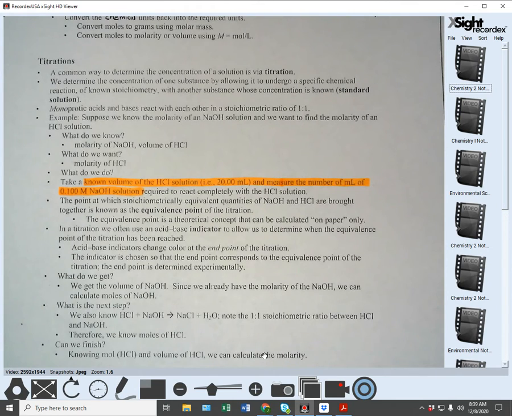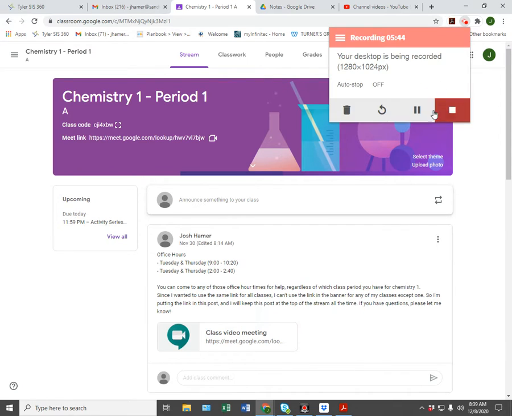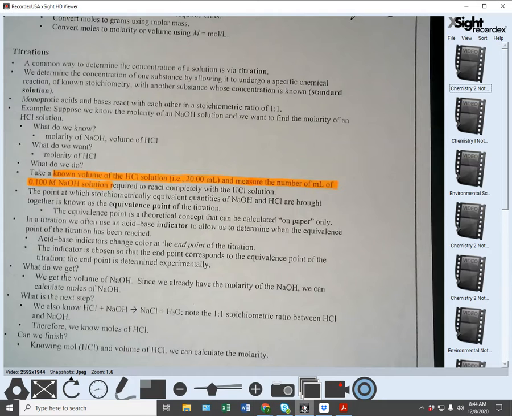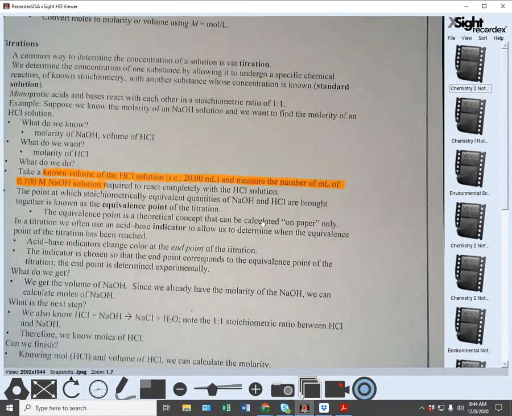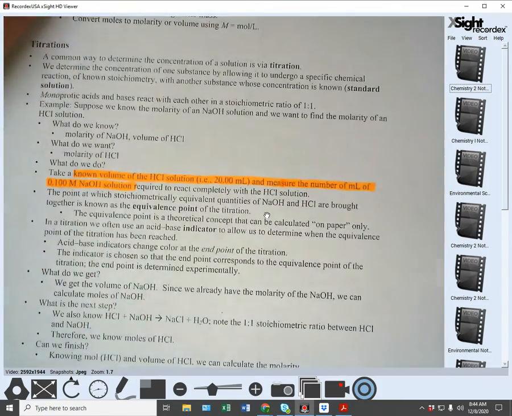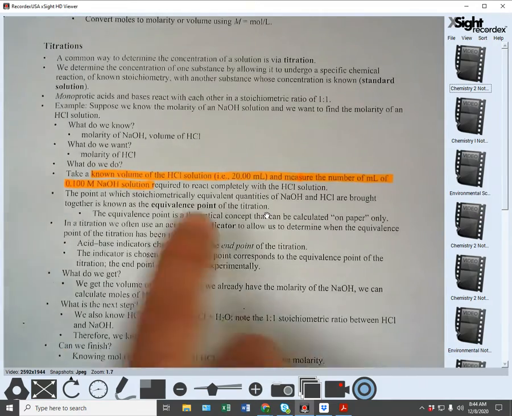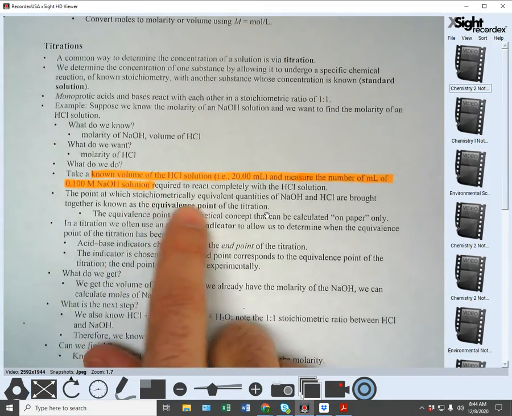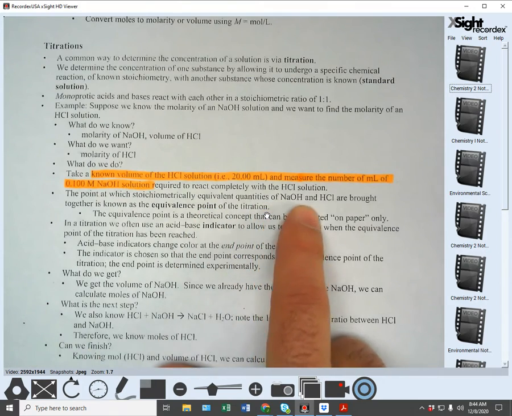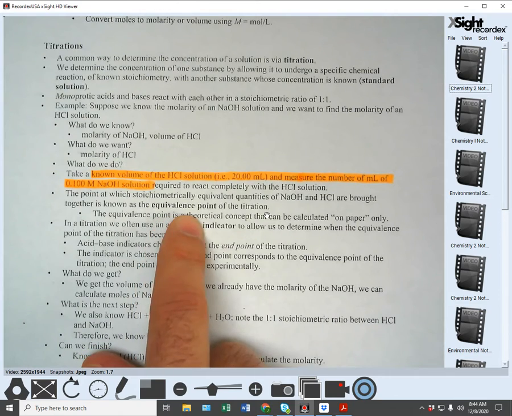Actually, hold on. I'm going to pause here for a second. Okay, so I'll show you in a second why I paused. So the point at which stoichiometrically equivalent quantities of sodium hydroxide and hydrochloric acid are brought together is known as the equivalence point of the titration.